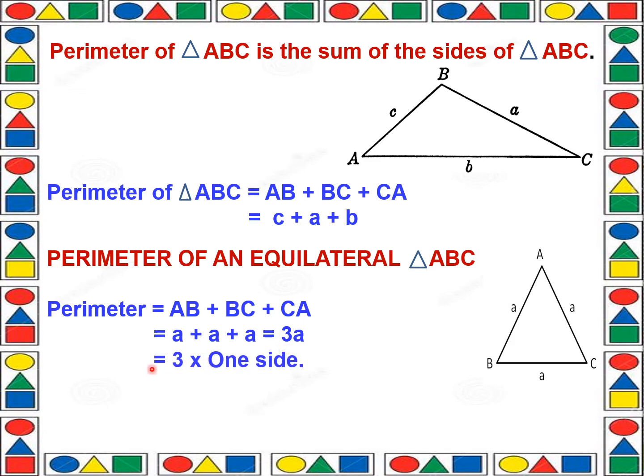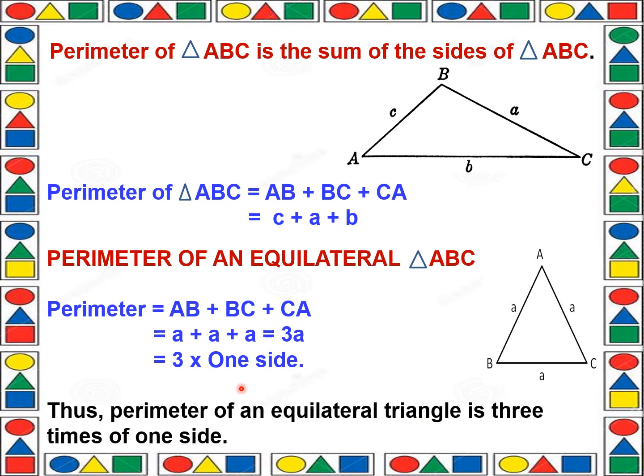We can also write 3 multiplied by one side. If AB equals 5, we multiply 3 by 5 and get 15. Thus the perimeter of an equilateral triangle is 3 times one side.